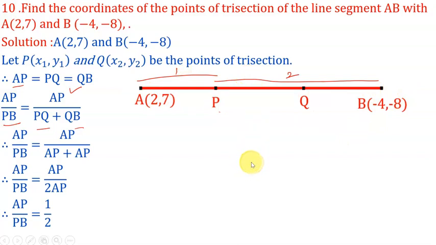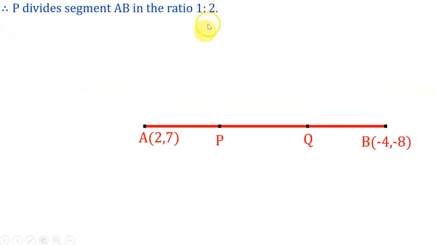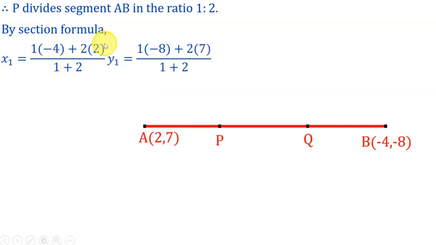आणि या ठिकाणी आपण इथे section formula apply करणार. See this here. Okay. Now see this figure. P divides segment AB in the ratio 1:2. Therefore, by section formula, x1 is equal to (m x2 plus n x1) upon (m plus n), and y is equal to (m y2 plus n y1) upon (m plus n).